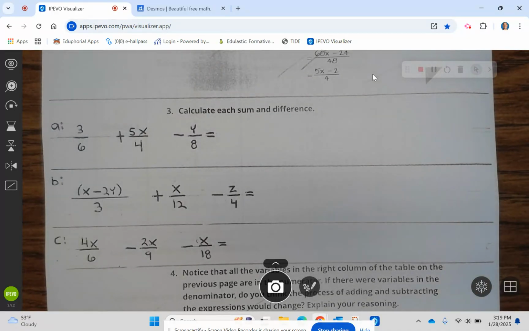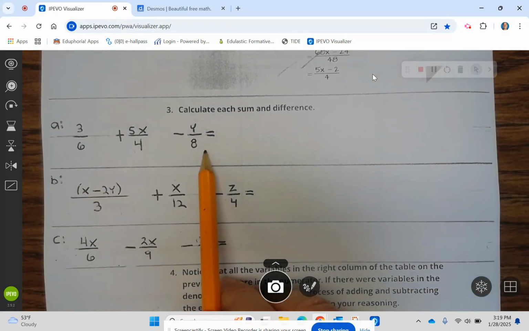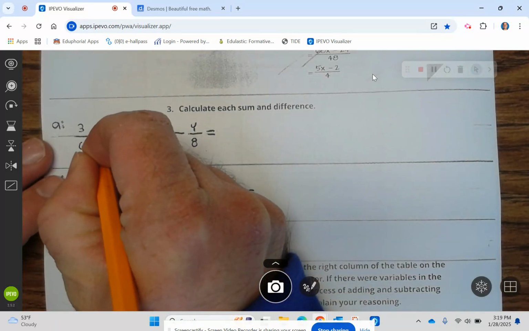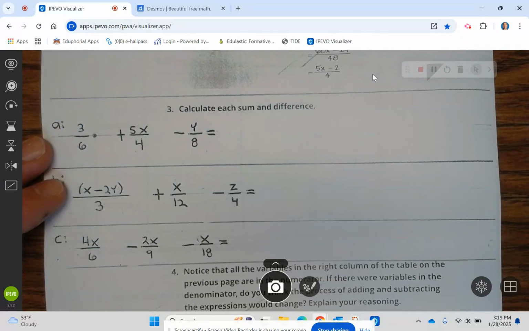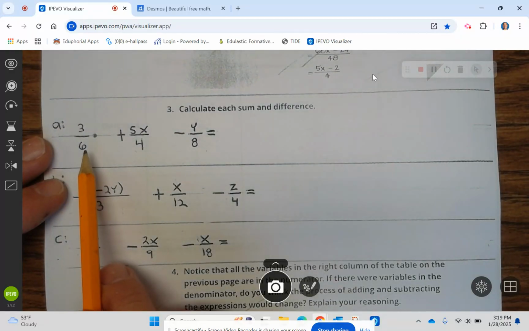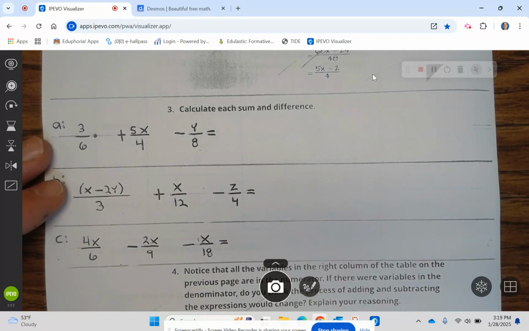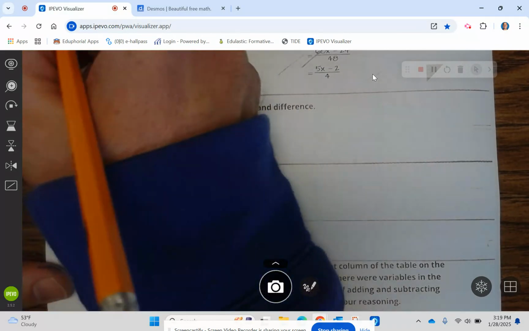3A. Now, in order to combine these, they all have to have the same denominator. Okay, so I need to multiply 3/6 times. Now, we have to figure out what the common denominator is of 6, 4, and 8. So let's look at the multiples.